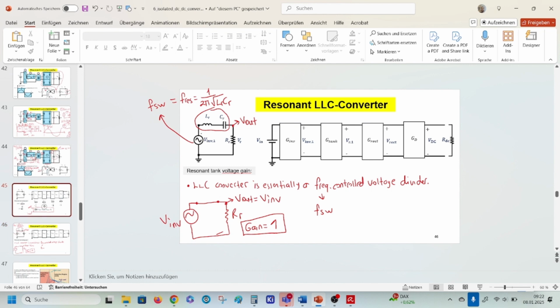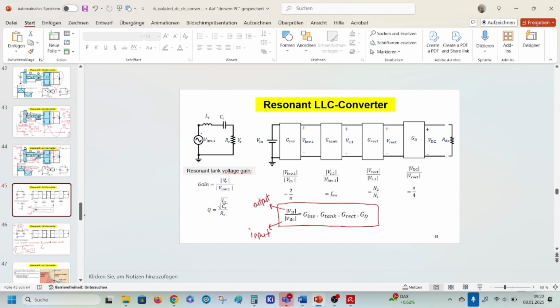And let's look at the transfer function of each stage. If I want to calculate the output voltage of my inverter, this is stage 1.